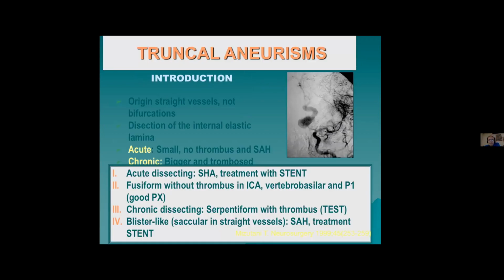The truncal aneurysm originates in a straight vessel, not in the bifurcation. When it's chronic, you have a thrombus, which is normal. Also, in acute dissecting, it's possible to have a dissecting aneurysm and truncal aneurysm with subarachnoid hemorrhage.